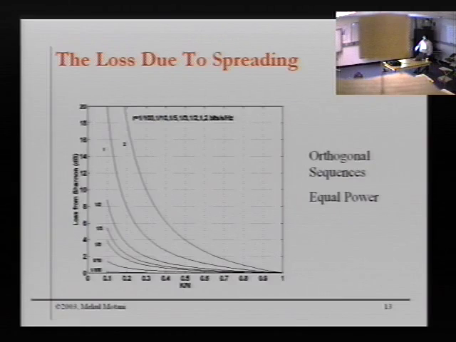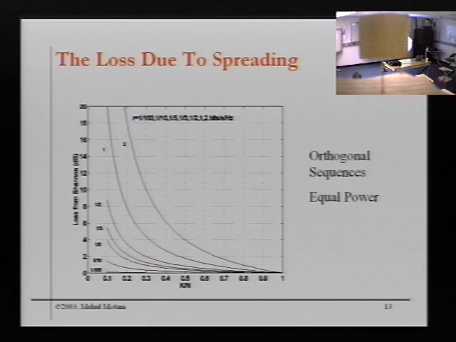Okay, so let's flip this around. Before it was the effects of spreading, now let's look at the loss due to spreading. This is nothing but flipping the capacity equation, solving for SNR. On the x-axis we have the ratio k by n, which is essentially the system load. And here we have the loss from Shannon.